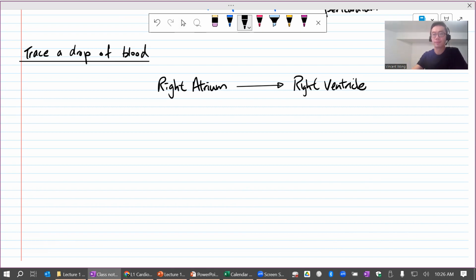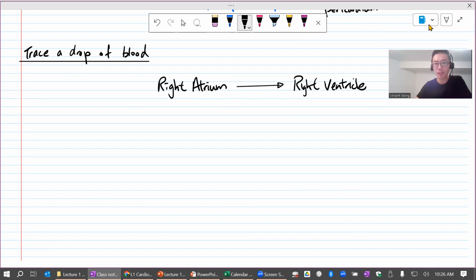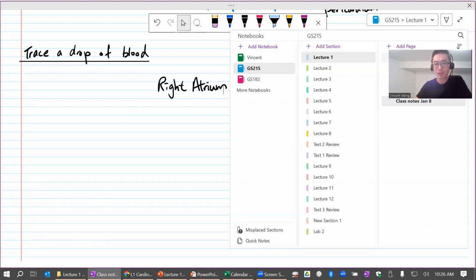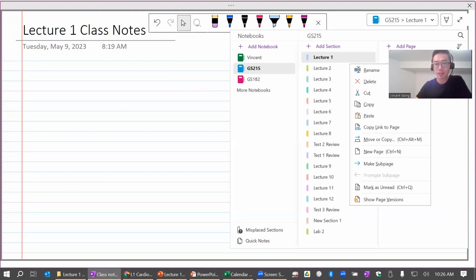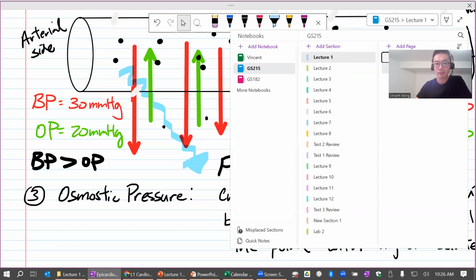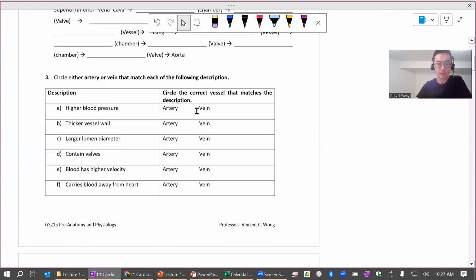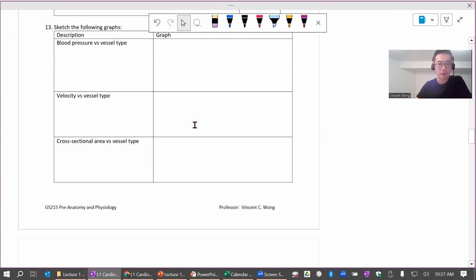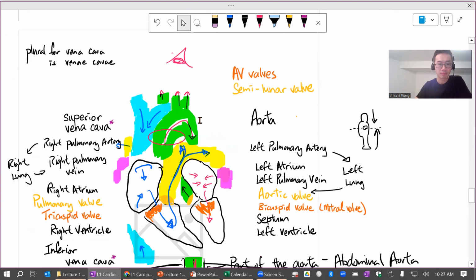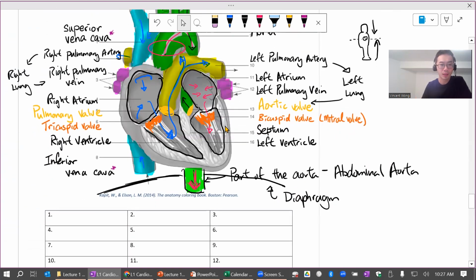Superior vena cava? That's a vessel. I need a valve. Aortic valve. Tricuspid. Tricuspid valve, yes. We have several different answers here, so let's go through it one more time, just to be safe. If you have the diagram, please put it right next to you.